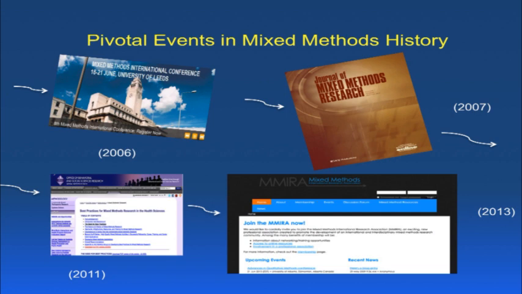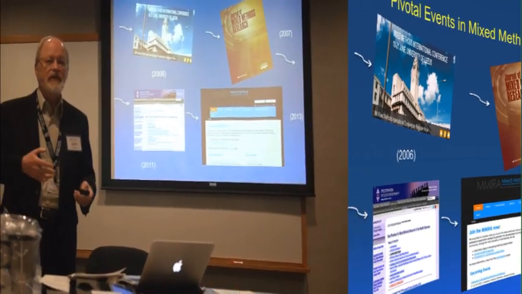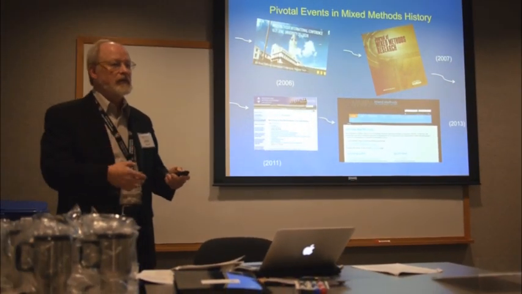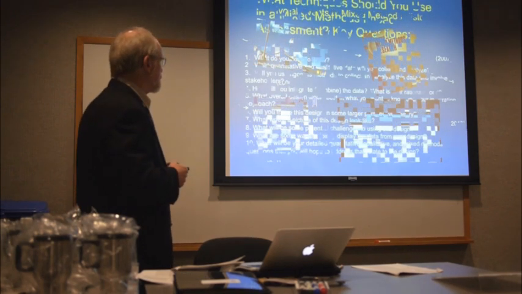And finally, just this month, a new international association, called the Mixed Methods International Research Association, is starting up. You know, to me, these are kind of the events that have been unfolding in this mixed methods field.